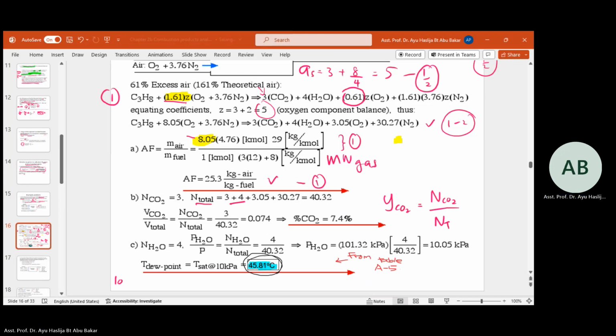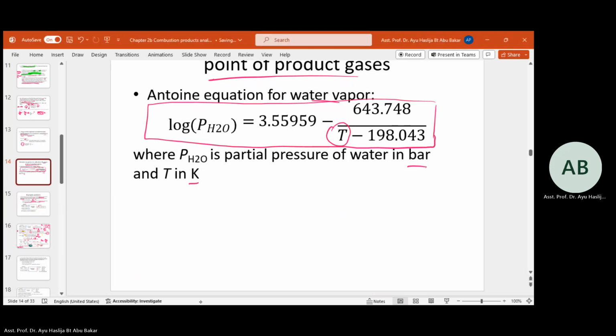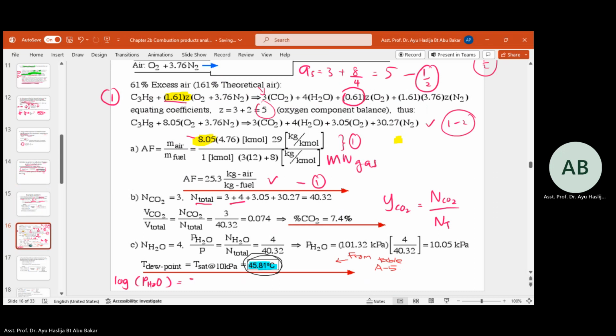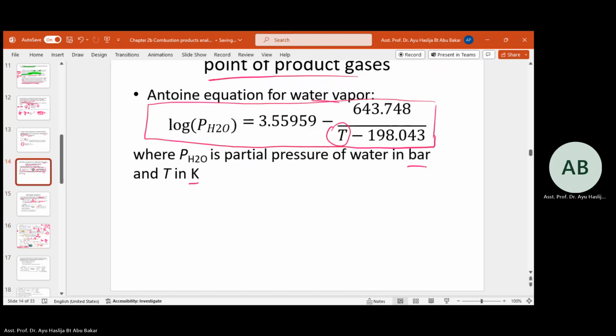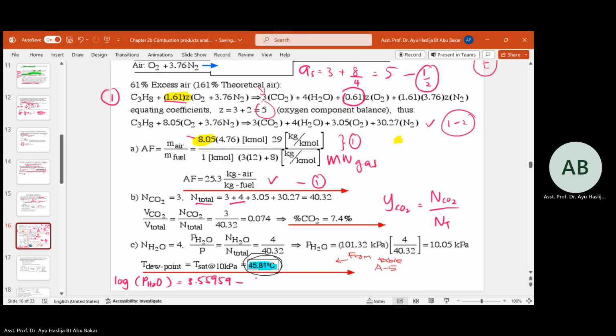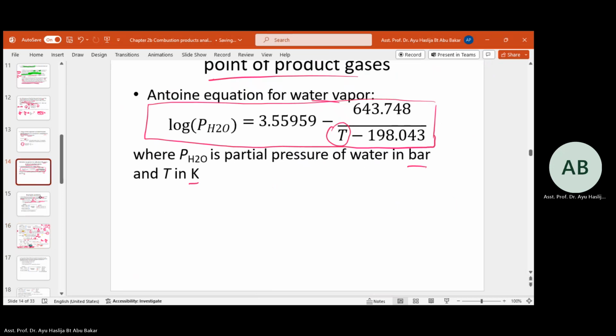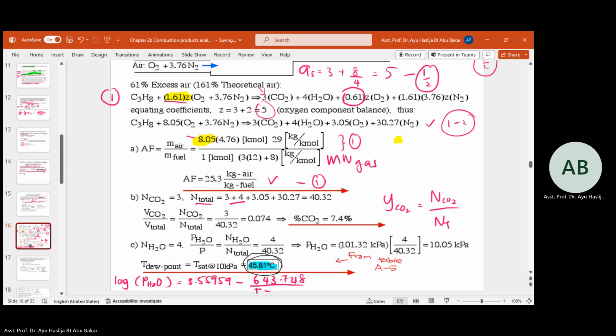Okay, I copy back equation. Okay, this is the Antoine equation.